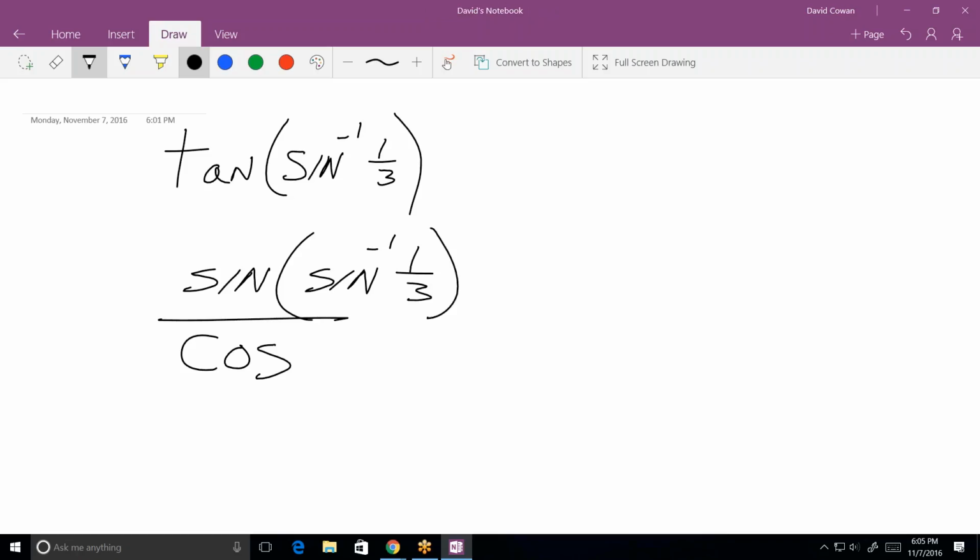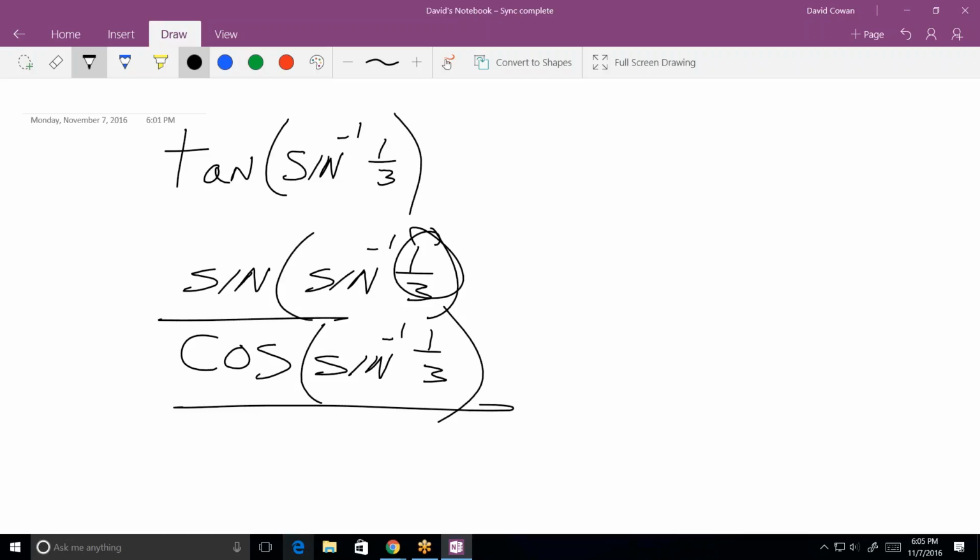I don't think so. I think I need it in the bottom also. And then the sine of the inverse sine is just the argument. So that would be 1/3. But then I got this problem. I'm not sure how to handle that.